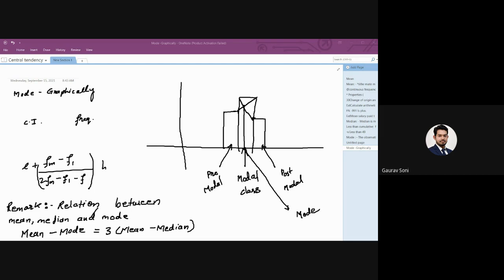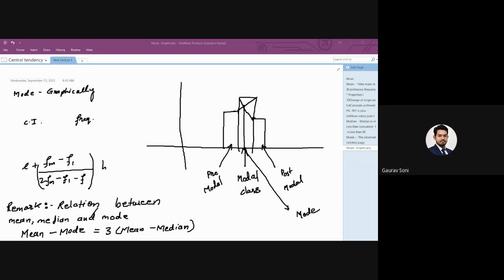So in this case we use the histogram, and using the histogram we can find the mode. We have the class intervals, and we can always draw the histogram. You find the modal class. How do we get the modal class? The modal class can be found using the highest frequency. So in the given data, we look at the highest frequency, and we declare that class as the modal class.